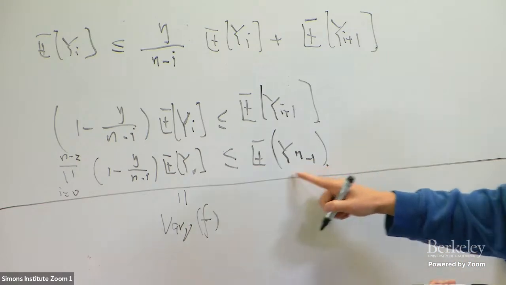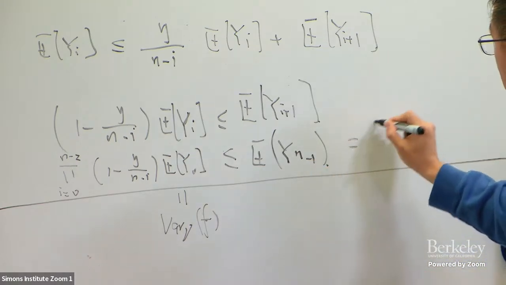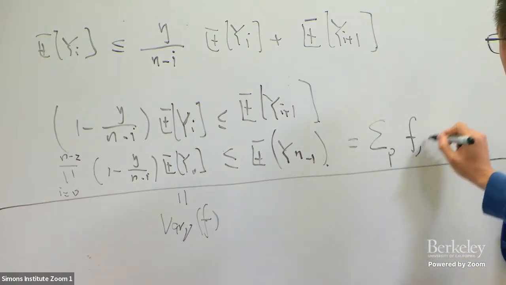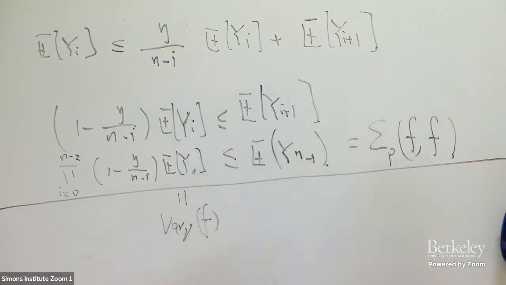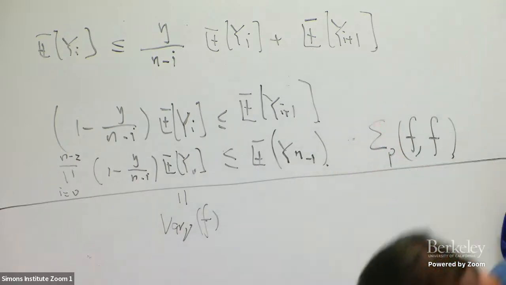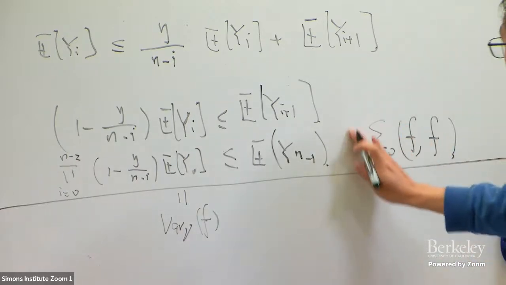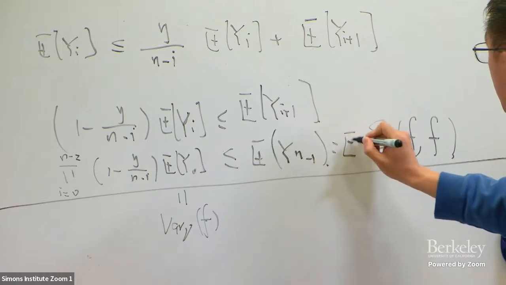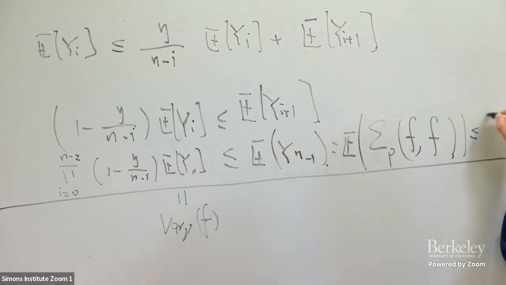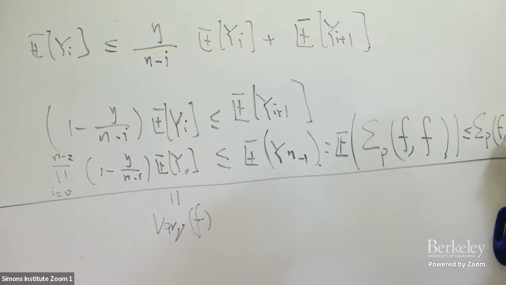This at time n minus 1 will be exactly equal to the derivative form at this. Actually, you only need to put the expectation of this, and then it's less than the derivative form at the beginning.